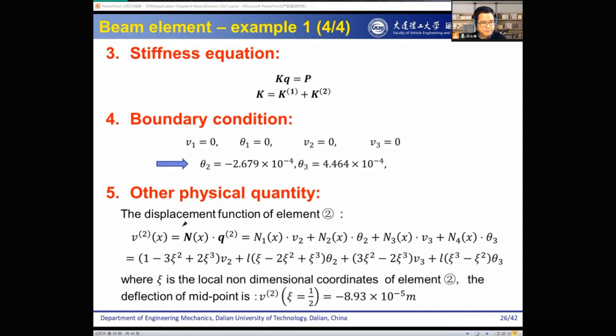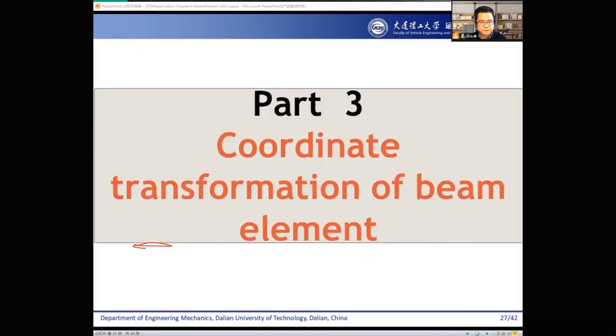So here, the deflection of element 2, and also the strain or stress distribution at element 2, we can also use the corresponding equation to solve.